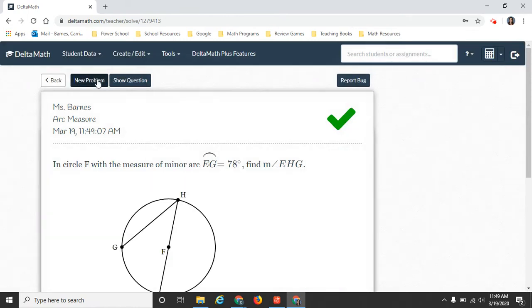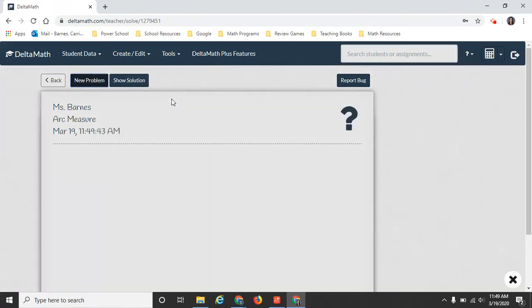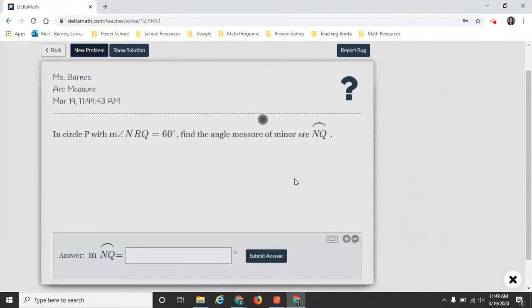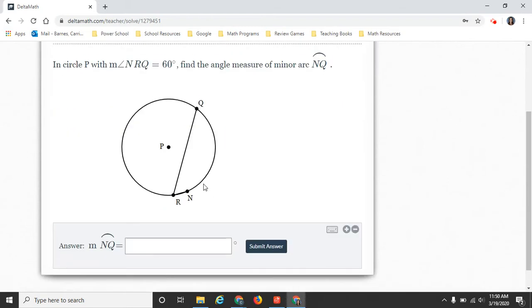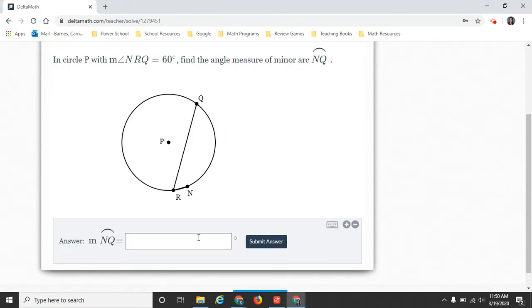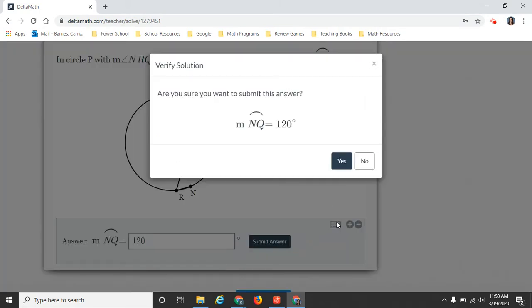Okay. And let's find a problem with a central angle in it. Okay, this is still an inscribed angle. So given the angle, the arc would be double. So this would be 120. All right. I know there's a central angle hiding in here. But the central angles are very easy.